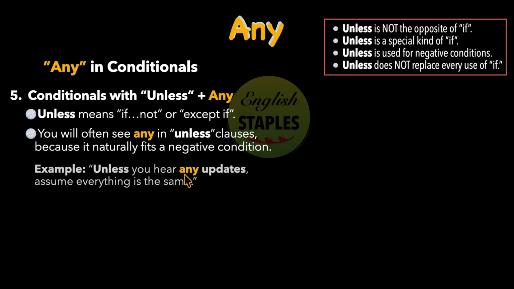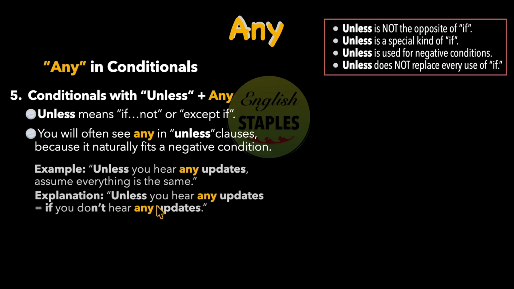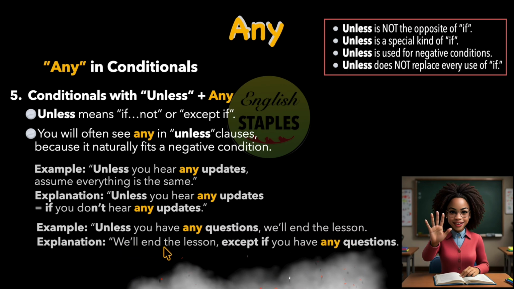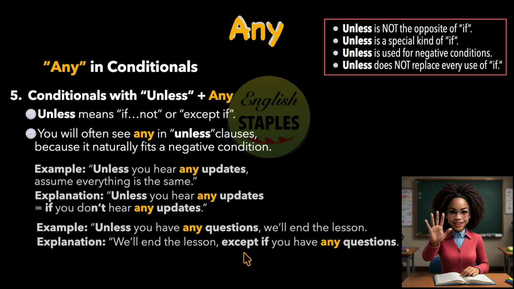Example: unless you hear any updates, assume everything is the same. Explanation: unless you hear any updates means if you don't hear any updates. If you don't hear any updates, assume everything is the same. Do you see this? Example: unless you have any questions, we will end the lesson. Explanation: we will end the lesson except if you have any questions.